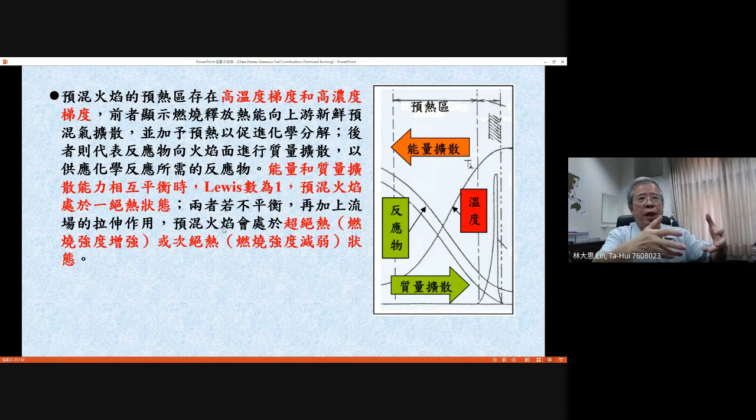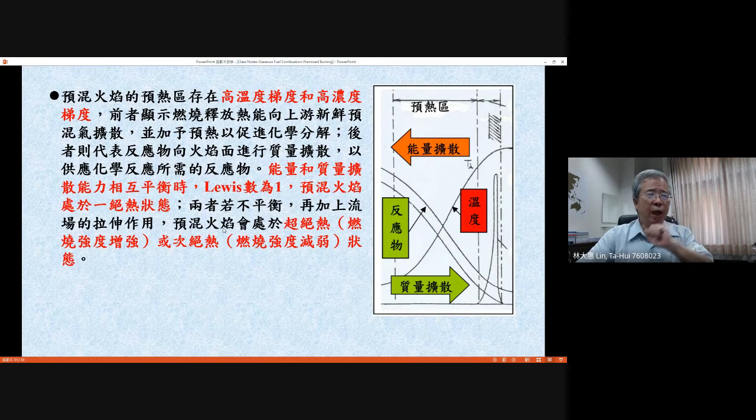That means we look at the collisions of molecules from a microscopic point of view. Now we try to bring these two points of view, macroscopic and microscopic, together to think about how these two factors, flow convection and diffusion process, couple together to influence your premixed flame. This is the main idea I want to mention here.